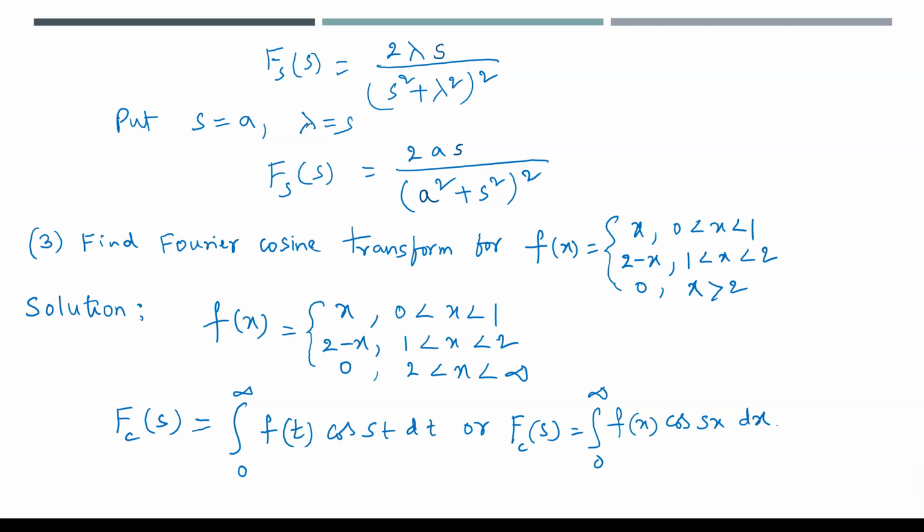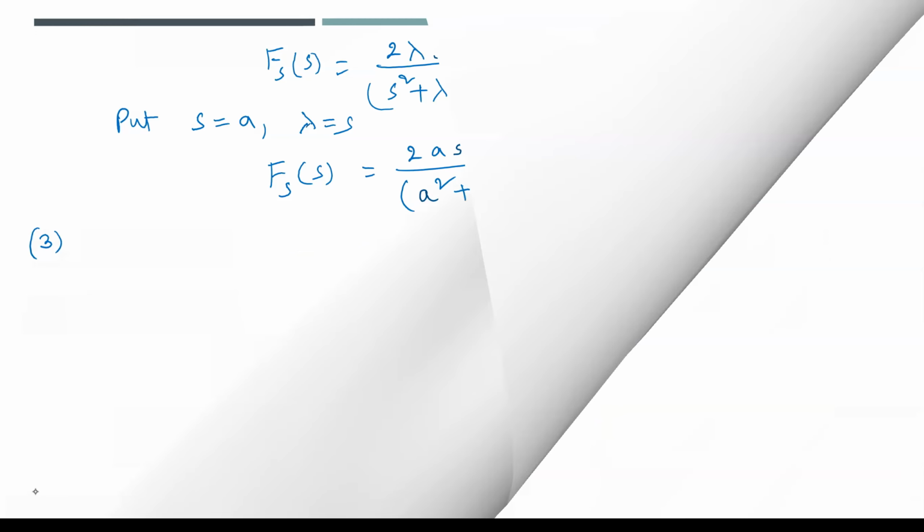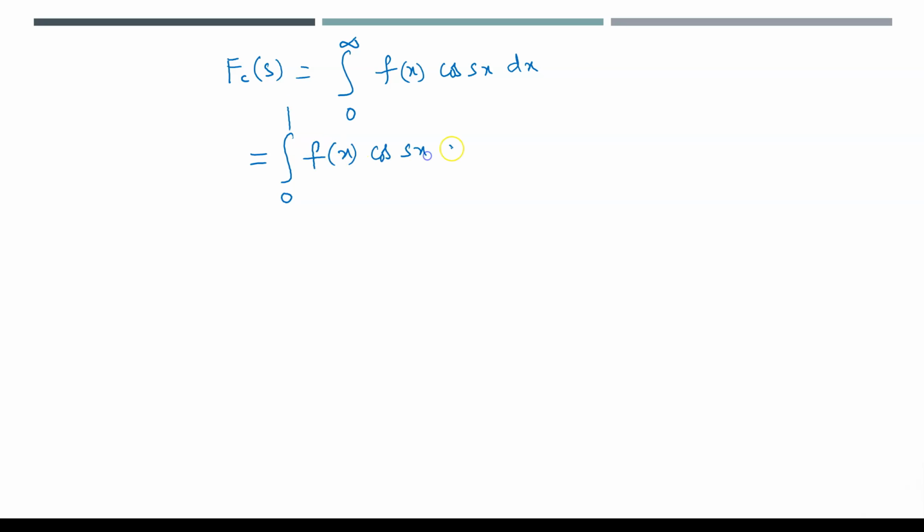Now here this function is in 3 intervals, so we can write Fc(s) by dividing the interval 0 to infinity into 3 intervals. So f(x) cos sx dx can be written as integral 0 to 1 f(x) cos sx dx plus integral 1 to 2 f(x) cos sx dx plus integral 2 to infinity f(x) cos sx dx.